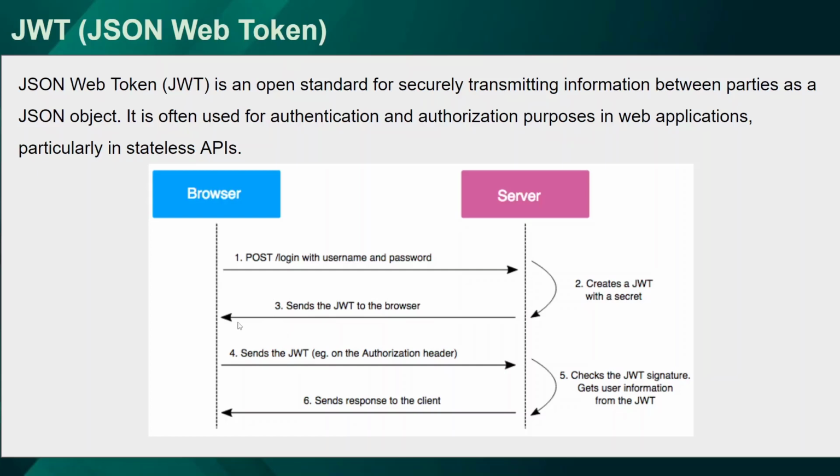Then whenever a client wants to access a specific resource, we don't need to check each and every resource or priority matrix. All we have to do is send our JWT. On the server side, the server will check the JWT. First it checks the signature of the JWT, and if it is verified, the server will simply grant access to the specific resource.